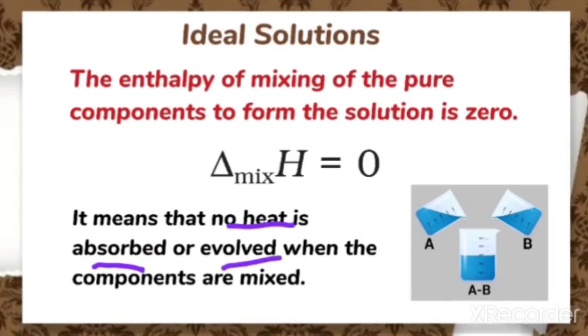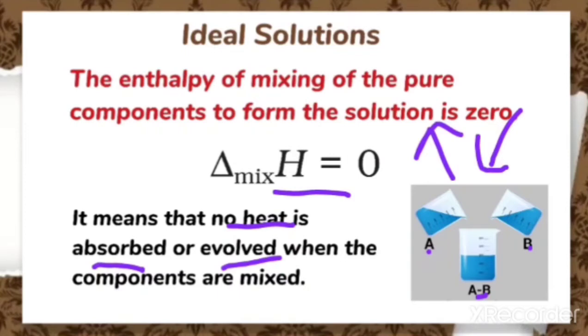When the two pure components A and B are mixed, giving rise to a solution, what is actually happening here? During this process of mixing, no heat is absorbed and no heat is evolved. That means the change in enthalpy is equal to 0.